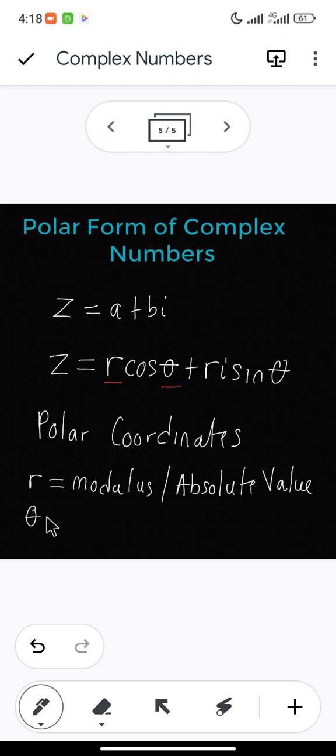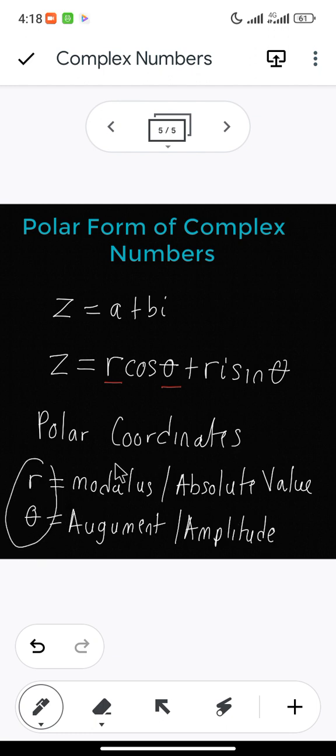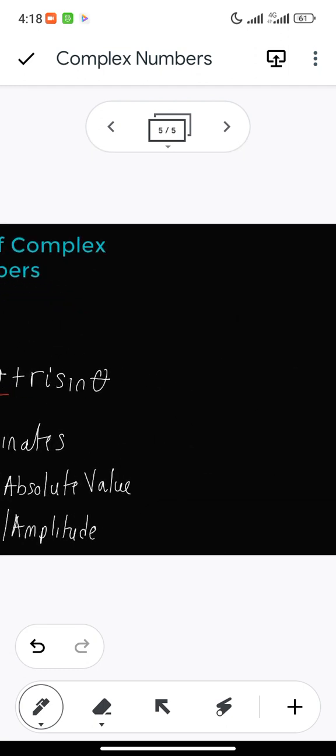And theta stands for the augment or the amplitude. So once we can get these polar coordinates, then we are good to go. Just plug it into the formula and you get your complex number in its polar form.